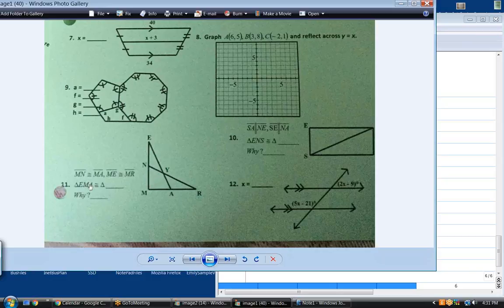So proving that that angle is equal to that angle is the reflexive property. That's why I said it's a little bit of a funny problem. I would know this answer without this information. You could not give me this information and I would still say AMA is congruent to AMN or AME, however you want to define that angle, but it's congruent because it's the same angle, the reflexive property.